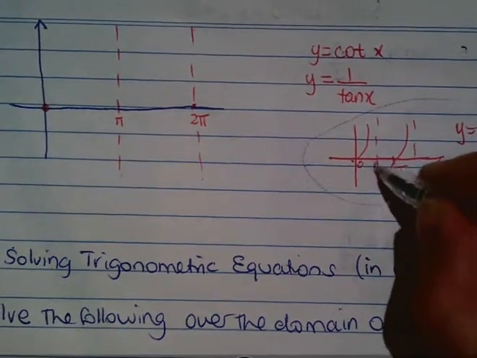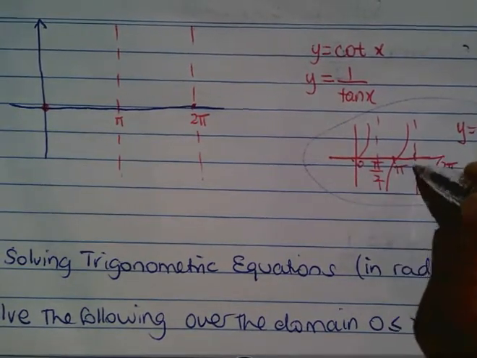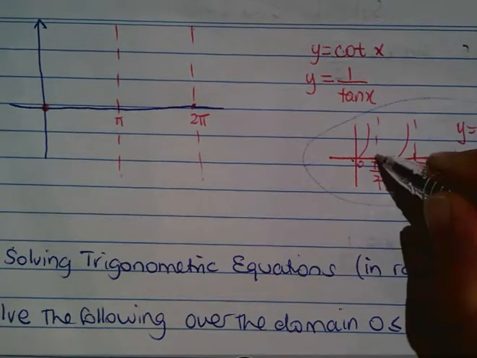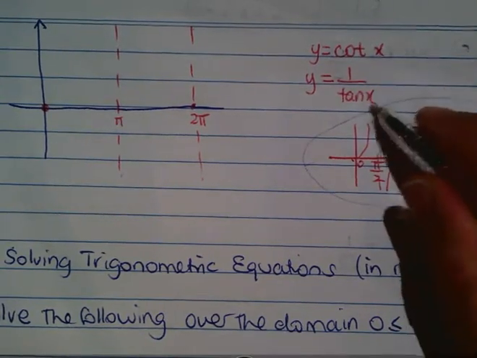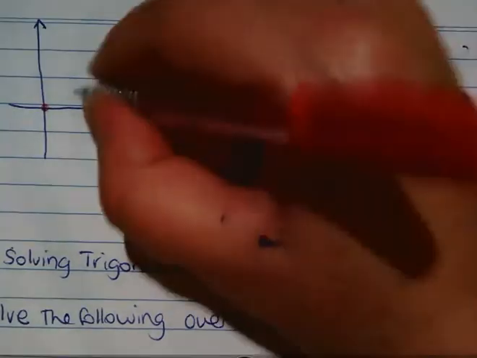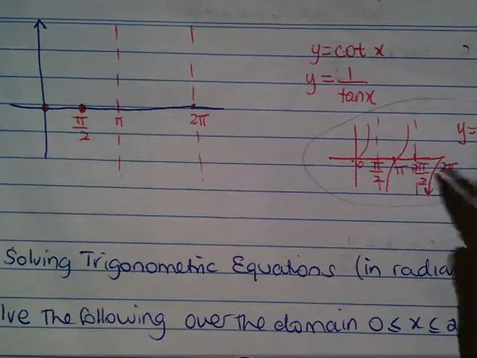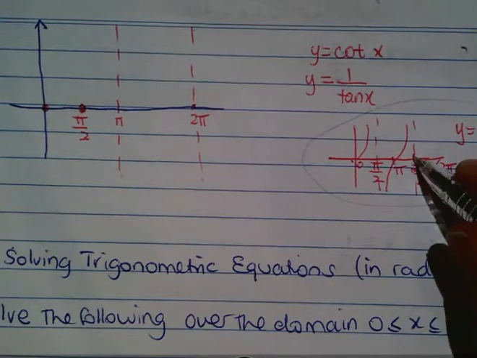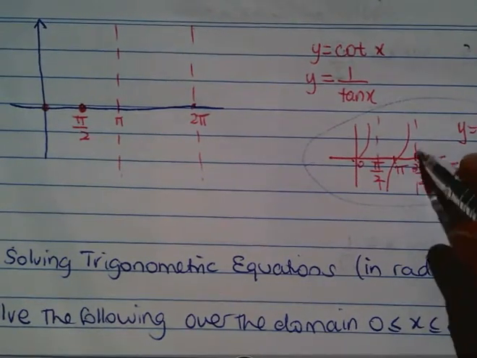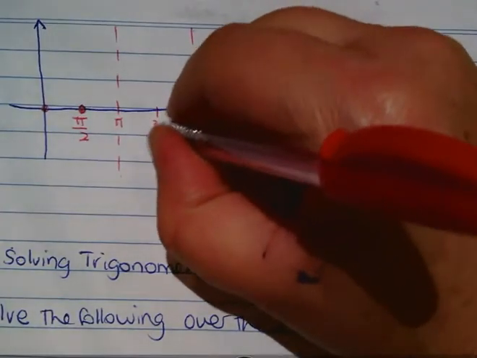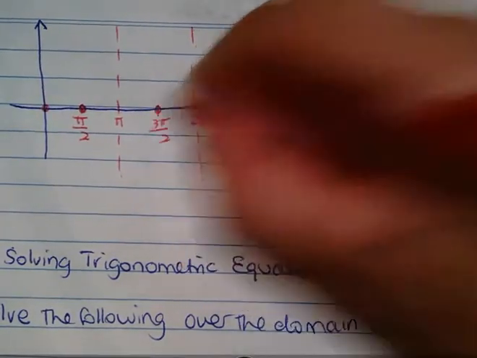And where we had undefined in the tan curve, remember 1 divided by undefined is 0, so you'll now have 0 as your value for your cot curve at pi on 2. And your tan curve was undefined at 3 pi on 2, so 1 divided by undefined is 0. So at 3 pi on 2, we've got 0 on our cot curve.